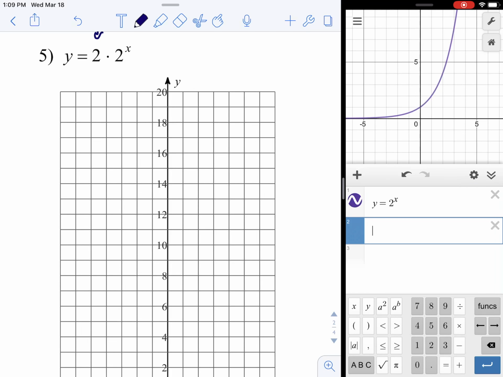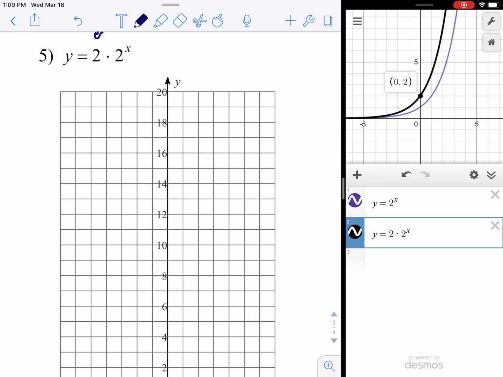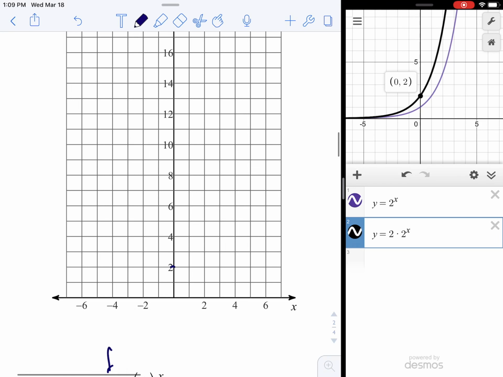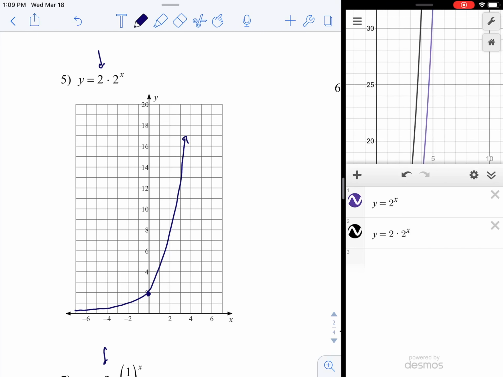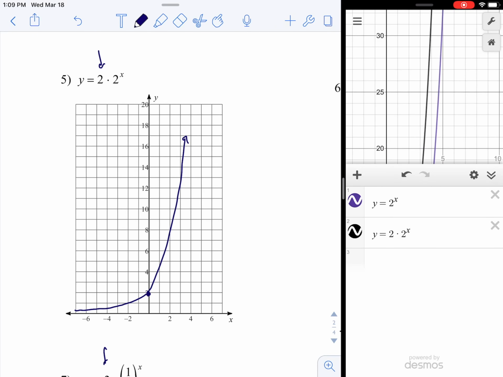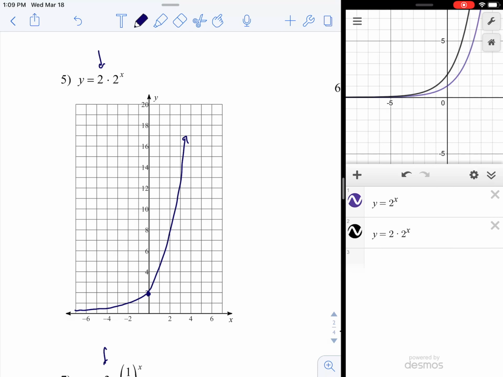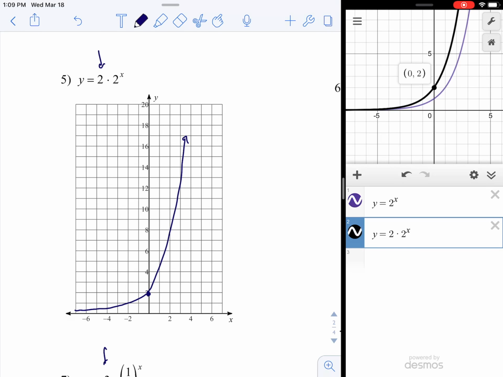So here's what I'm going to do. I'm going to graph this and this at the same time, and what happened? Well, now the y-intercept is at 2. It still has the same asymptote, it still curves, and the curve isn't that much different.